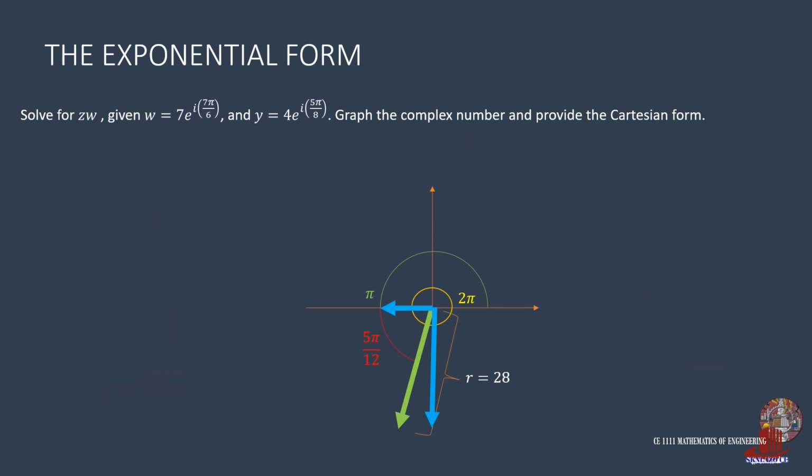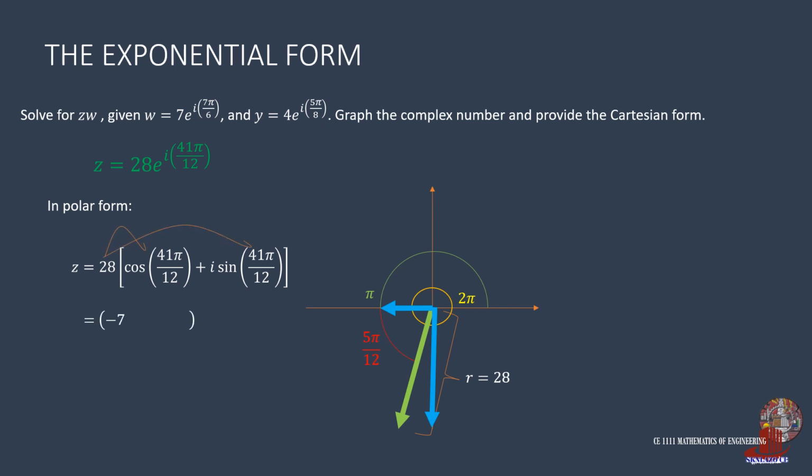The Cartesian form of the resultant can also be solved through its polar form. As zw is 28e raised to i times 41 pi over 12, the modulus is 28 and the argument is 41 pi over 12. Place these figures in the polar form to get zw as 28 times cosine of 41 pi over 12 plus i sine of 41 pi over 12.